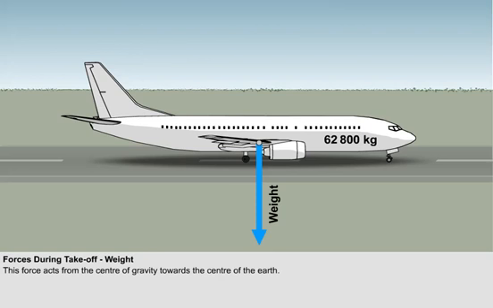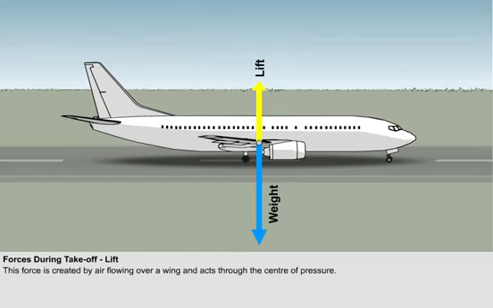The objective of the takeoff procedure is to create a sufficiently high enough force to oppose this weight and allow the aeroplane to fly. The principal force which is used to oppose weight is lift. In simple terms, to generate a lift force, we need a mass of air to pass over an aerofoil.